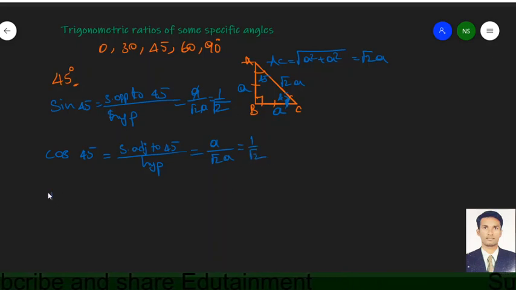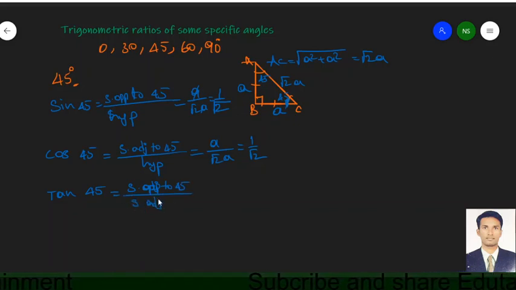In the same manner we can find tan 45, which is side opposite to 45 divided by side adjacent to 45 degrees, so we get A by A, which is 1.